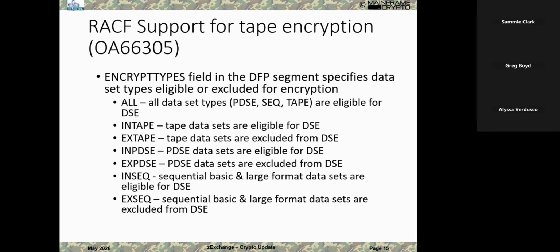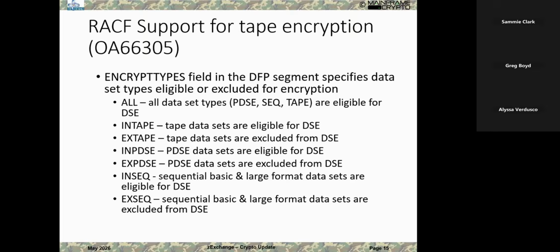Similarly, for sequential data sets, and I'm not talking about extended format, I'm talking about the basic and large format sequential data sets, I can include or exclude those by type to say all of them are going to be encrypted or none of them are going to be encrypted. And then specific to tape encryption, and this is what's not available yet, is INTAPE and EXTAPE.